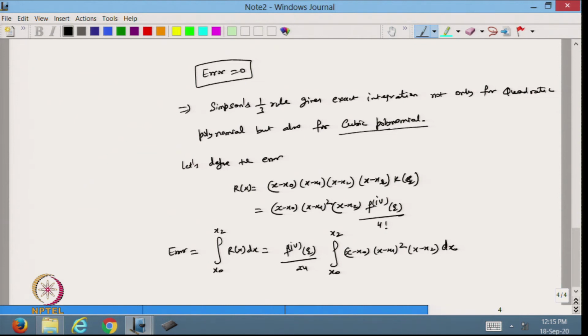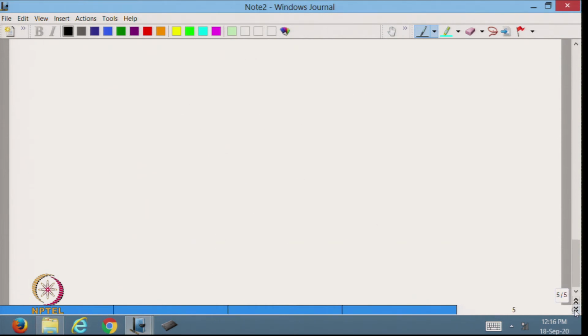Let us see whether it is going to give the error for this, because if you see, it is a 4th degree polynomial. So, now I want to find out what is going to happen with this one.